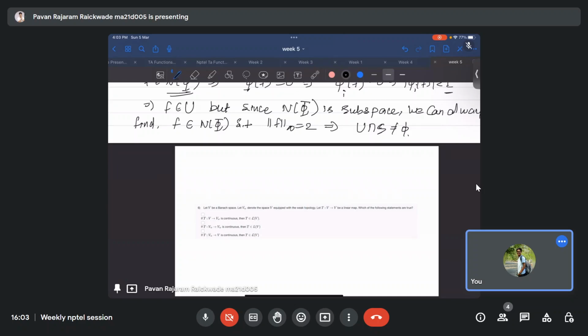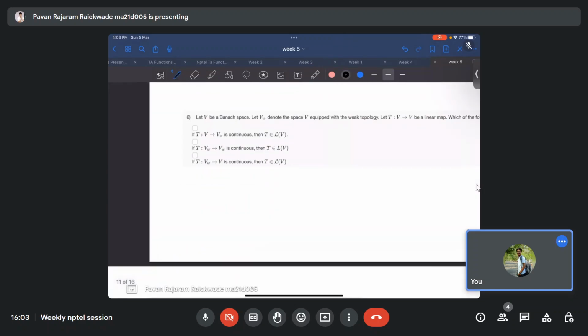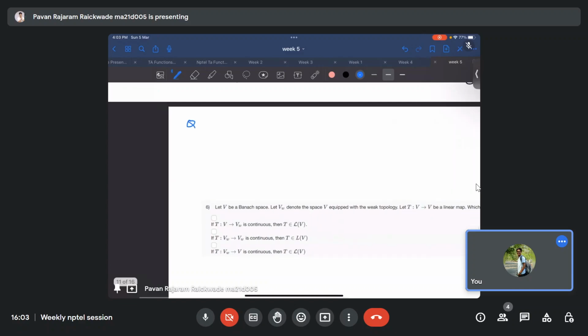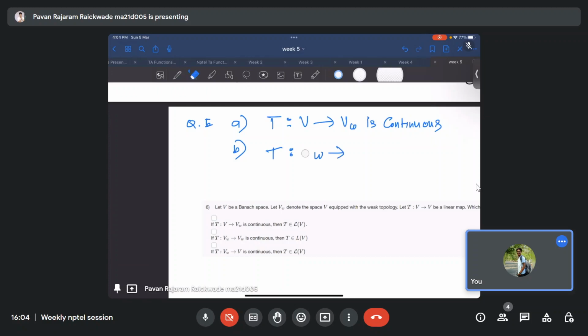Correct? Yes, sir. So right here, what we have to check is: the first option says T from V to V_W is continuous. The second option says check whether T from V_W to V_W is continuous. Second option, V_W to V, sir.